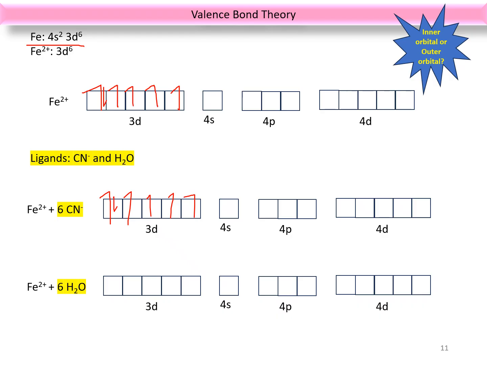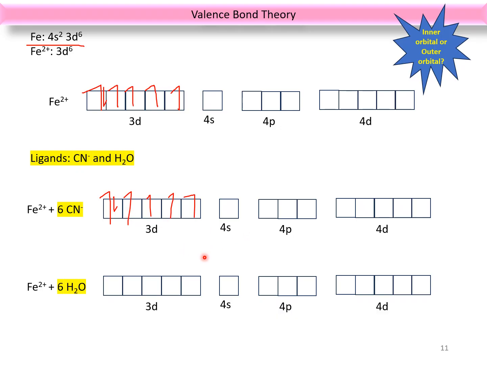It means this ligand is able to force any unpaired electrons in the d orbital of the metal center to pair up. Now you see iron 2 has 1 paired electron and 4 unpaired electrons. When iron 2 plus reacts with cyanide, cyanide being the strongest ligand, cyanide is able to force every one of these unpaired electrons to pair up.